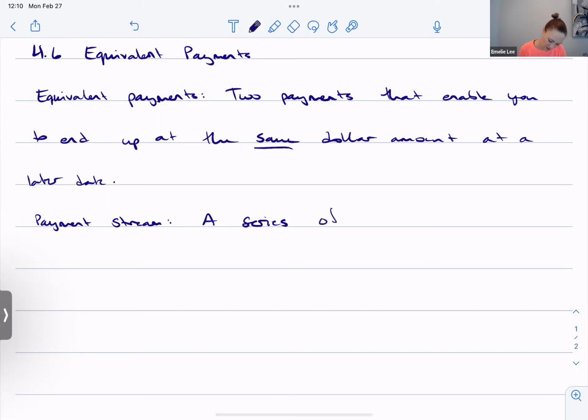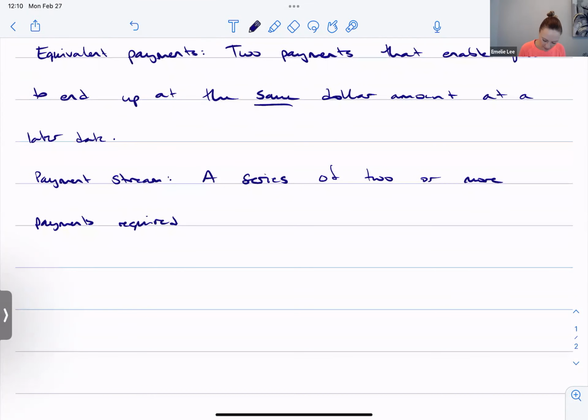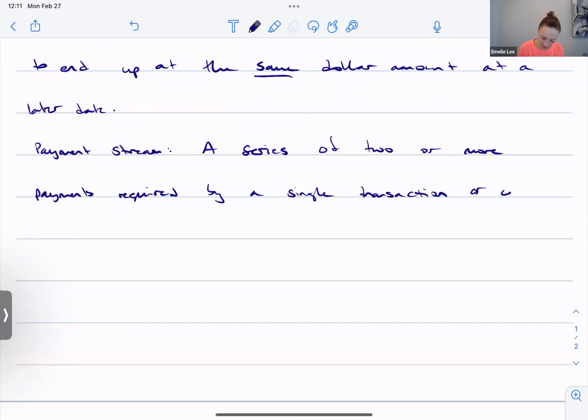So a series of two or more payments required by a single transaction or contract, right? Thinking about maybe a lease or something like that. Okay. All right.